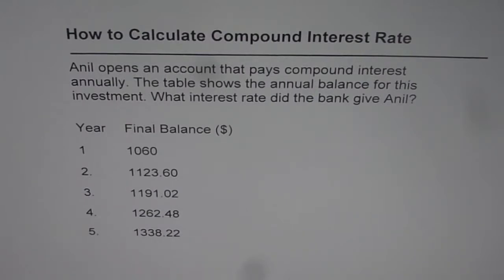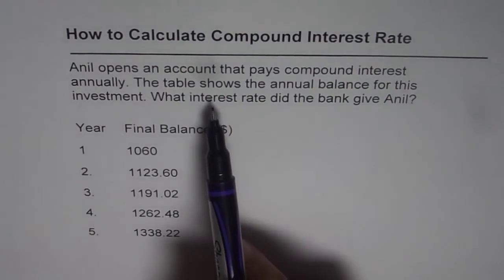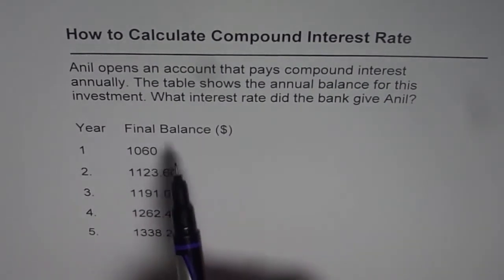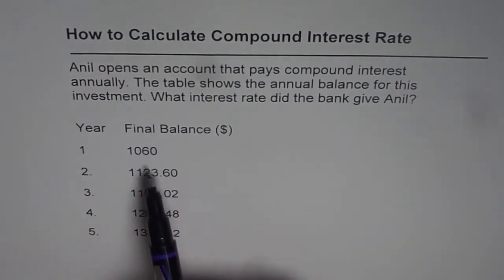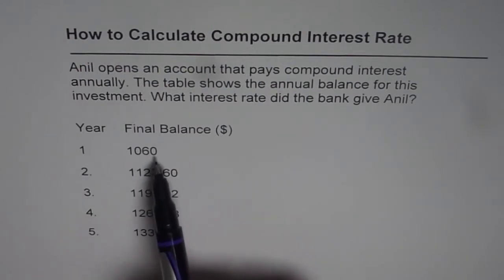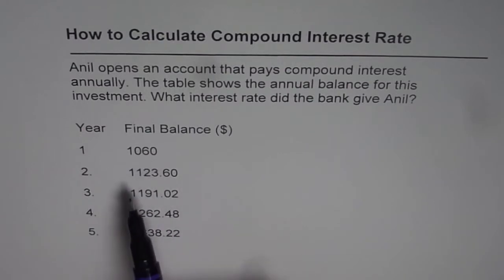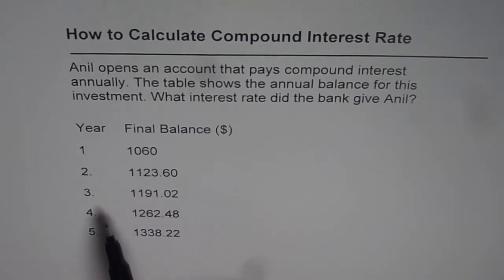Earlier we saw that if we know the initial investment, then the simple interest and the compound interest rates could be found from the first year's earnings, since the interest in the first year gives you the interest rate for both. Now what we have done here is we are kind of hiding that value, so we don't know that.